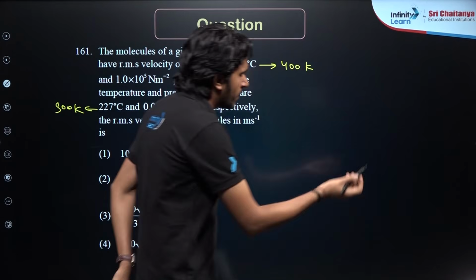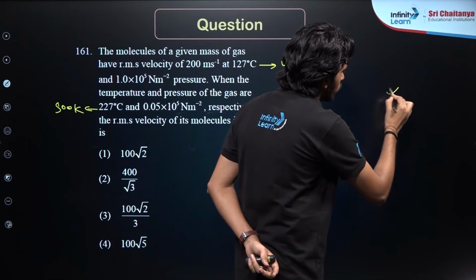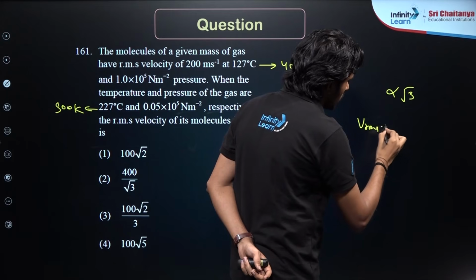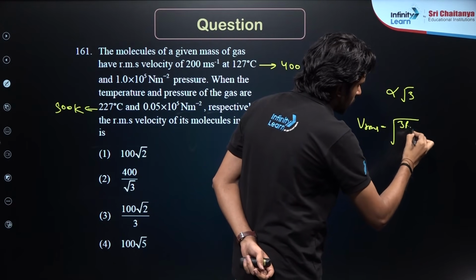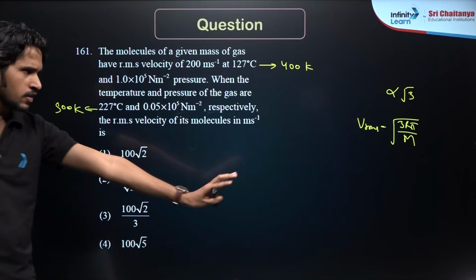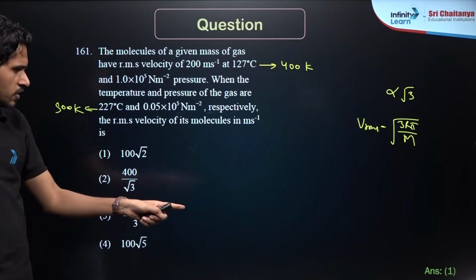That is proportional to root T, because Vrms is root of 3RT by M. Now you can do it. This is an easy problem, right? So what will be the answer for this problem?